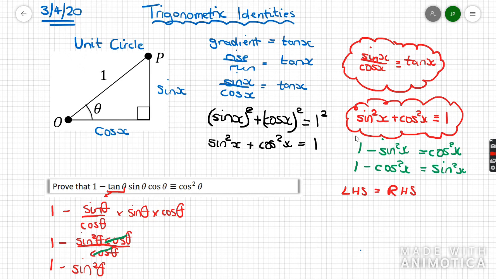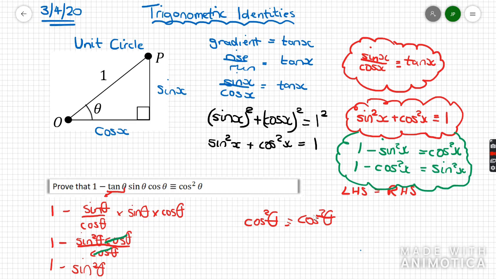So those two can be generated from my original identity. From 1 minus sine squared x, I know that is going to be cos squared x, or cos squared theta in this case.